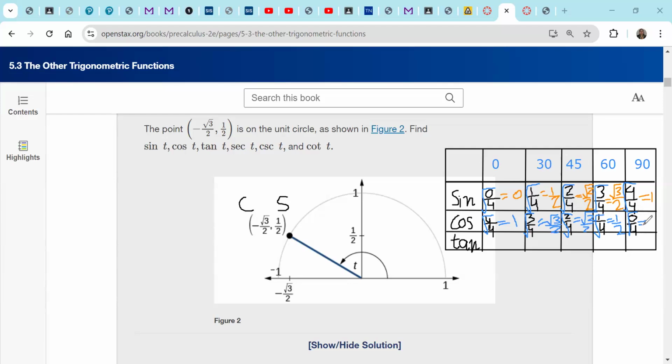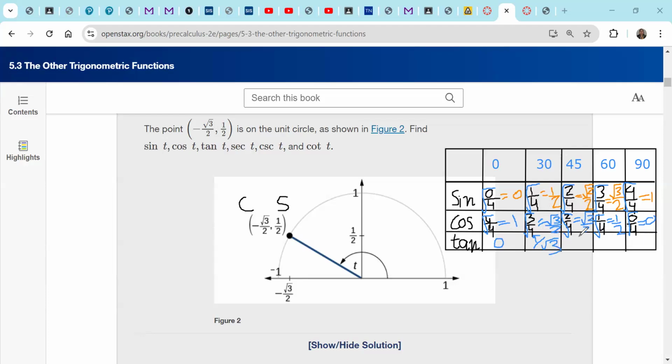So now if you look carefully, this value 1 came here, this value square root 3 over 2 came here, the same stayed here, then 1/2 and then 0. And tangent is sine over cos. So sine value 0 over 1 is going to be 0. 1/2 divided by square root 3 over 2 is going to be 1 over square root of 3.